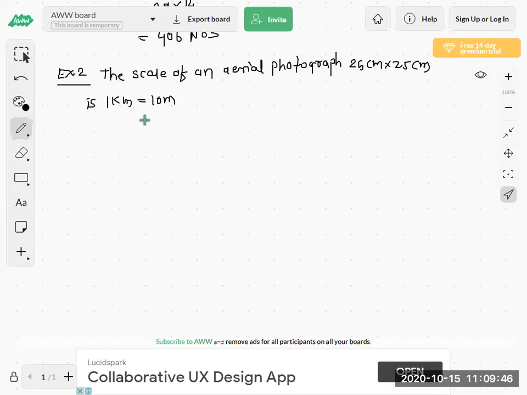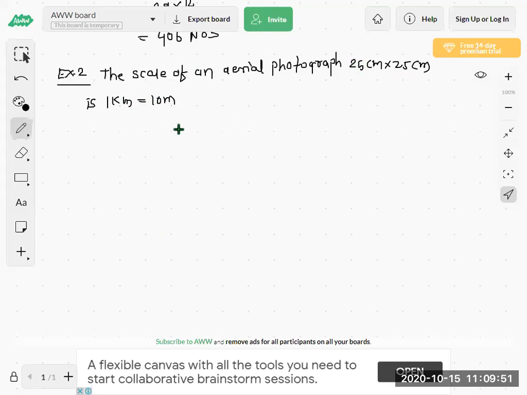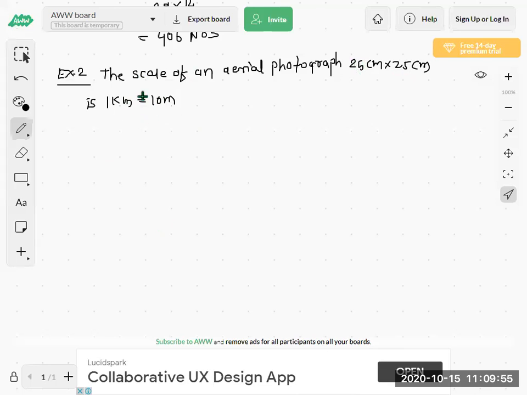This is the scale they have given. Now this scale we have to convert into 1 in 100, 1 in 10,000, like this. That we will see, how to convert this scale. So this is very important now in this problem.